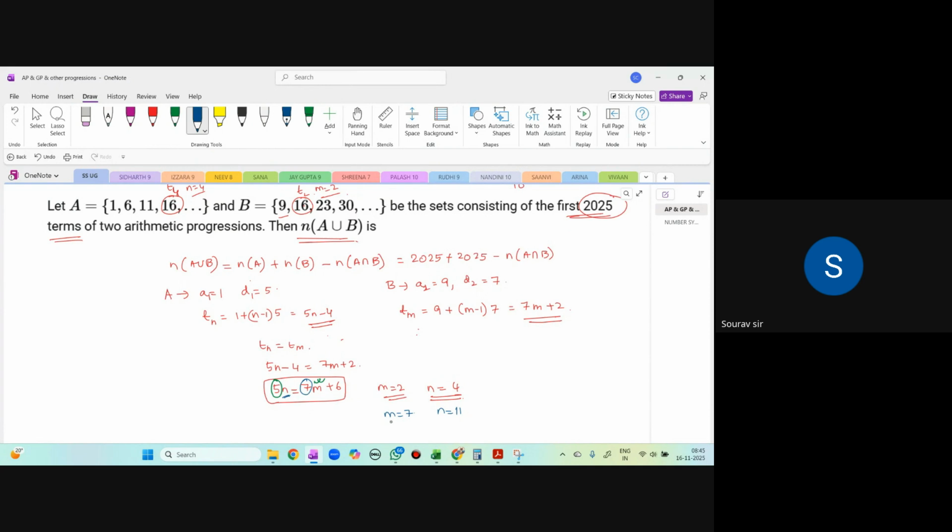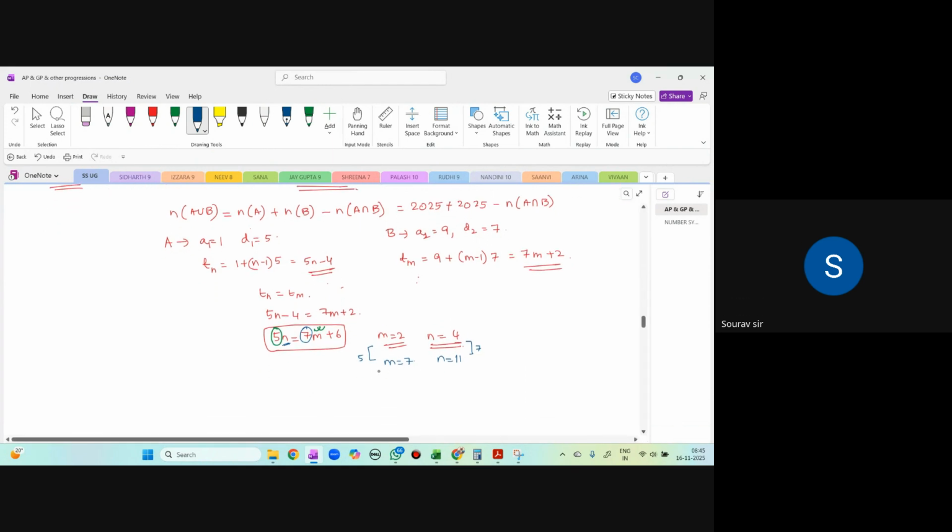Yes, so this goes on. So this will be 5, this will be 7. The next value of m will be 7 plus 5, 12, and n will be 11 plus 7, 18. So this will go on.